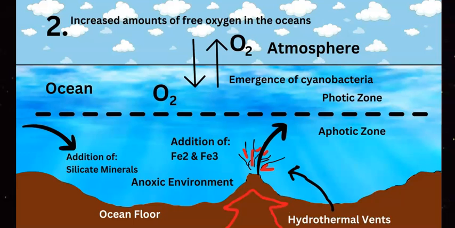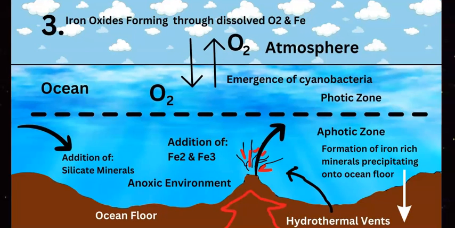This also dissolved back into the oceans, and the oceans started to chemically react with this oxygen. The iron, Fe2+ and Fe3+, formed iron oxides, which then precipitated and deposited on the ocean floor as these bands of sedimentary rock, with hematite and magnetite inside these rock formations.